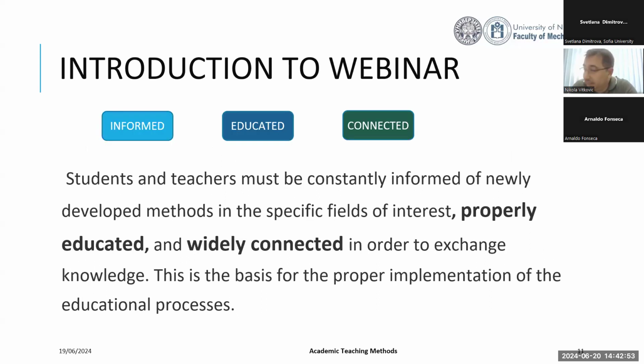So we have done a lot of things, and we noticed three pillars, three big things. First of all, you need to be properly informed, because if you are wrongly informed, then you are doing things wrong. Second, you need to be educated.